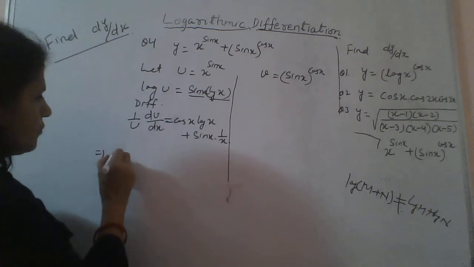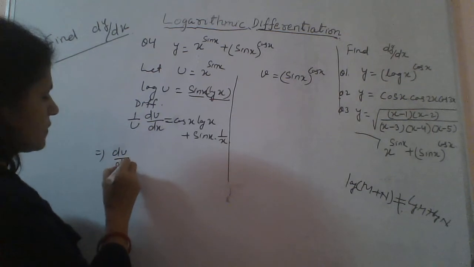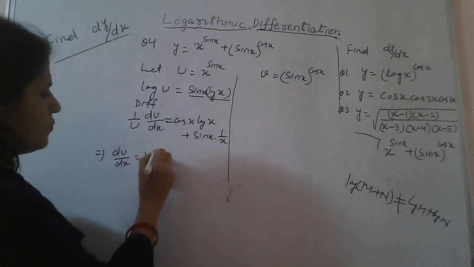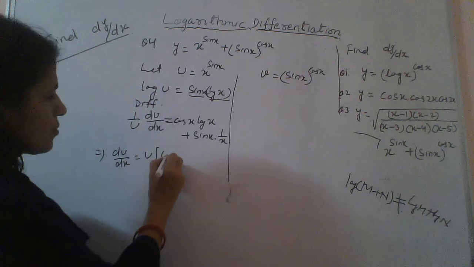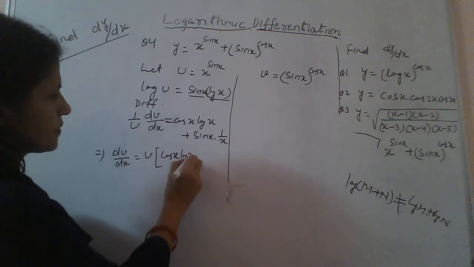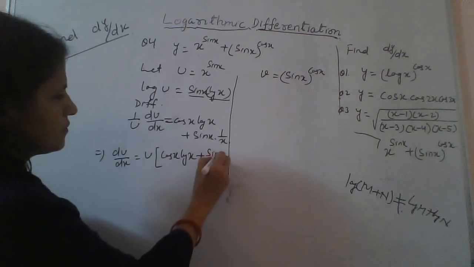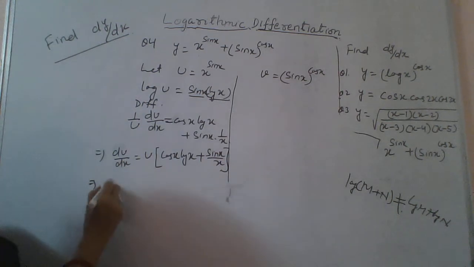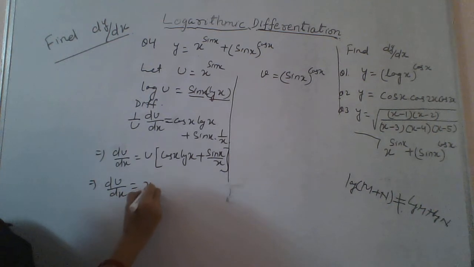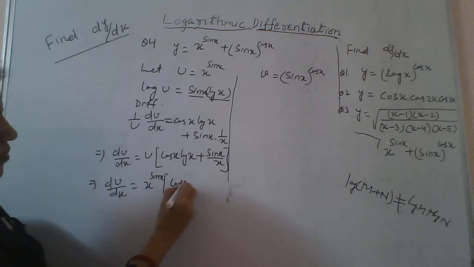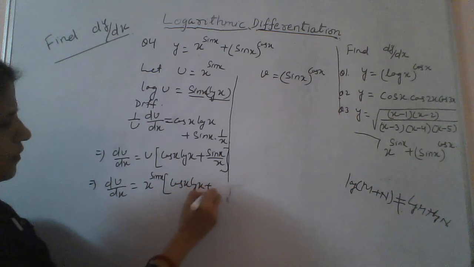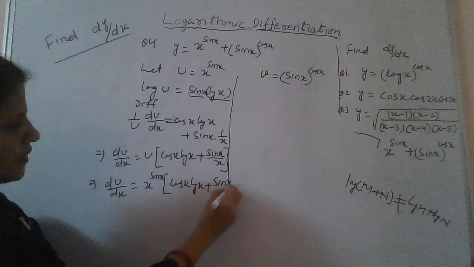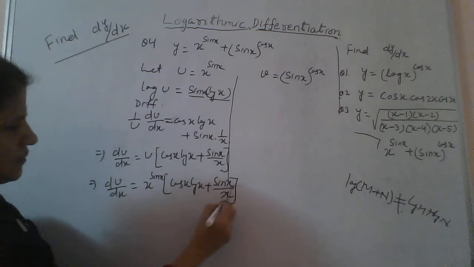It means your du by dx equals u into cos x log x plus sin x by x. It means du by dx is x to the power sin x into cos x log x plus sin x by x.